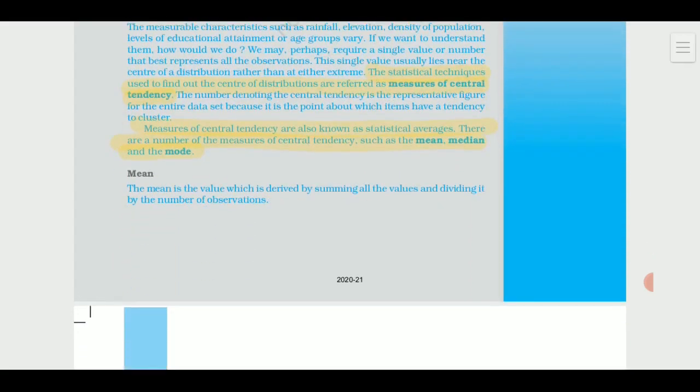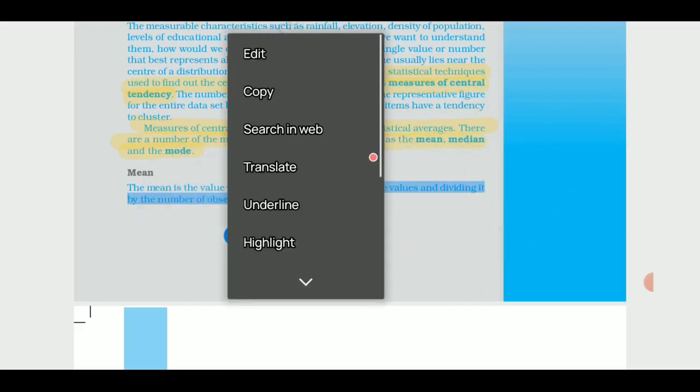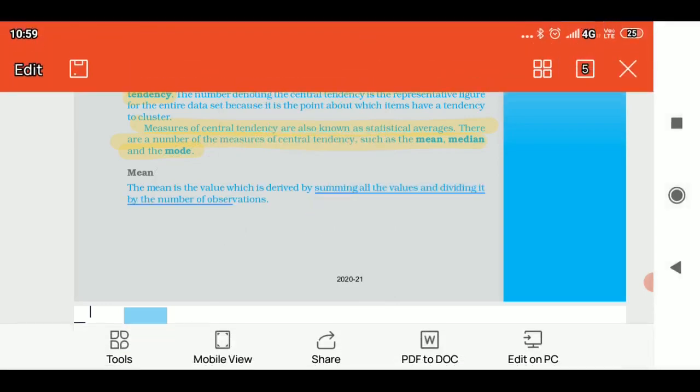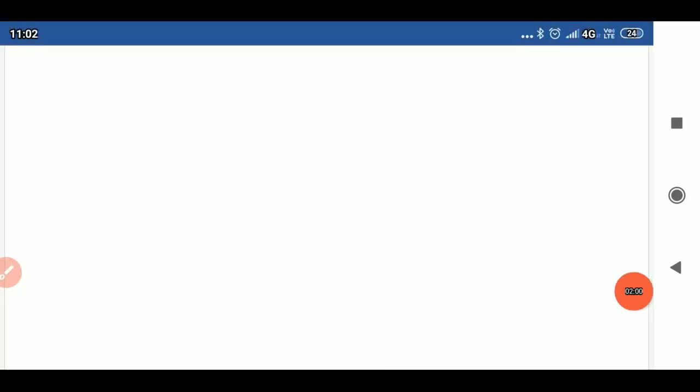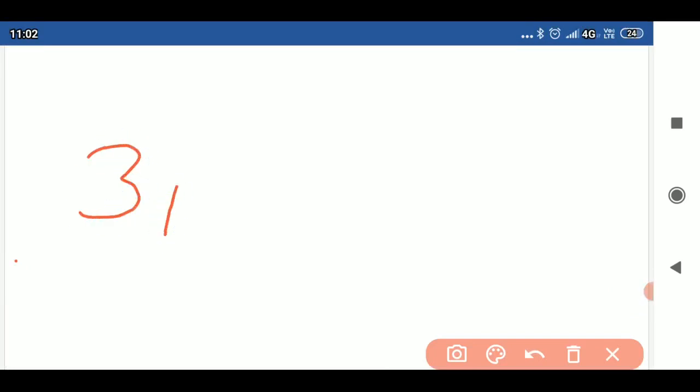Mean is summing the values and dividing by the number of observations, right? Suppose I have the data 3, 4, 5, 6.